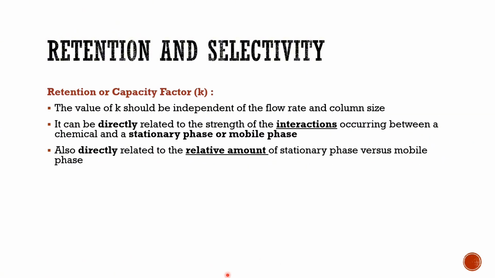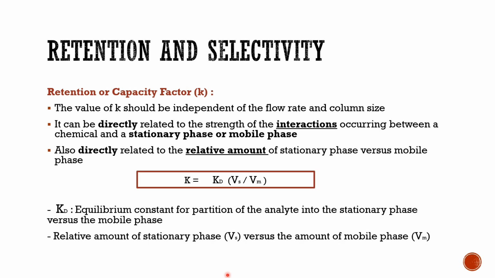The retention or capacity factor, the value of k, should not be dependent on flow rate or column size. It is not related to the flow rate or column size, but it is directly related to the strength of interaction occurring between the chemical and the stationary phase or mobile phase. Also, it is directly related to the relative amount of stationary phase versus mobile phase.